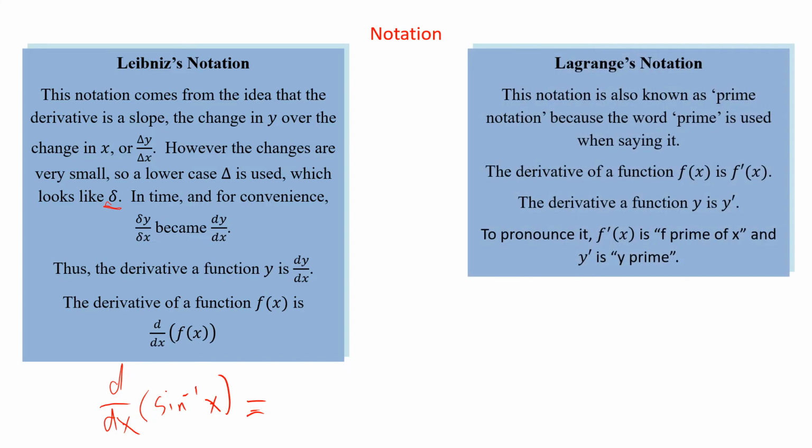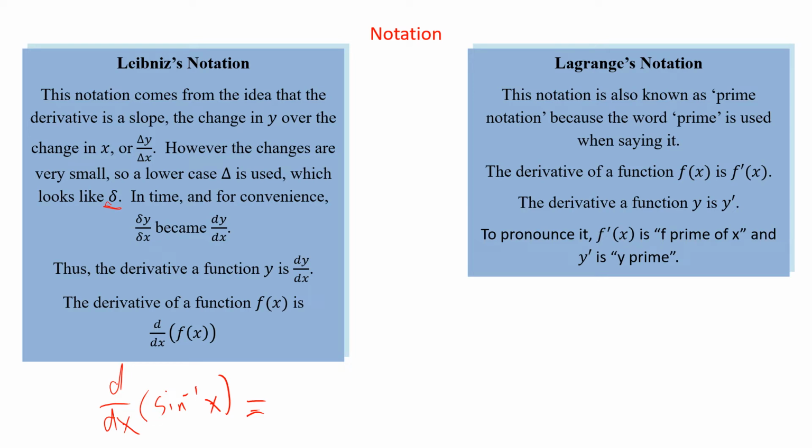And this type of notation is Lagrange's notation. Now, funny enough, this is not even the funniest name we're going to see in the next couple weeks. But this one's also known as prime notation. I'd say, at least in the beginning, this type of notation generally tends to be more common.